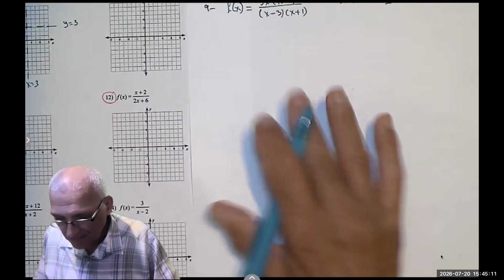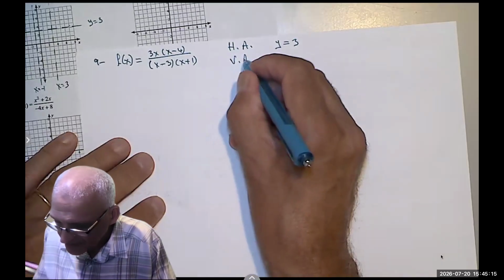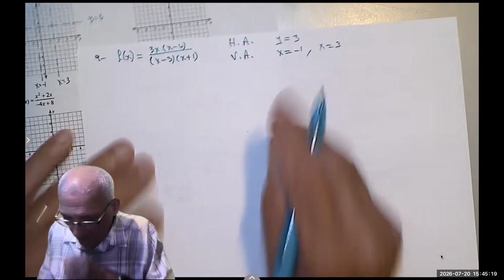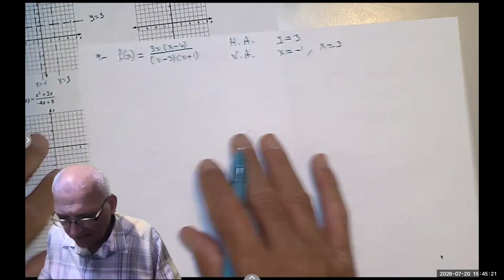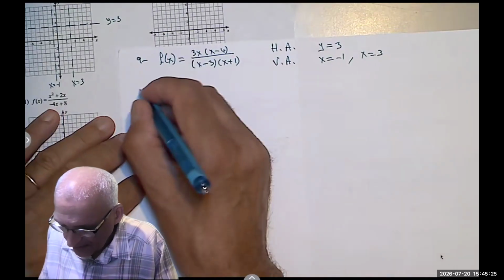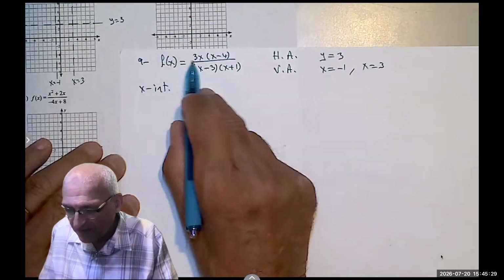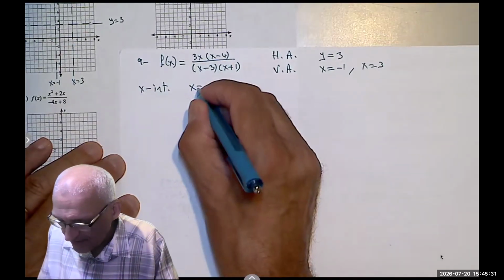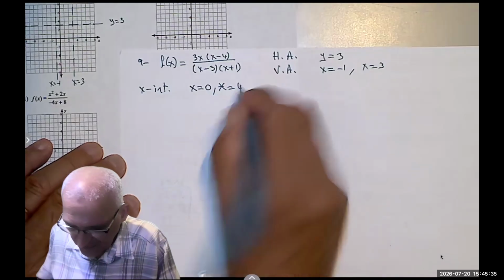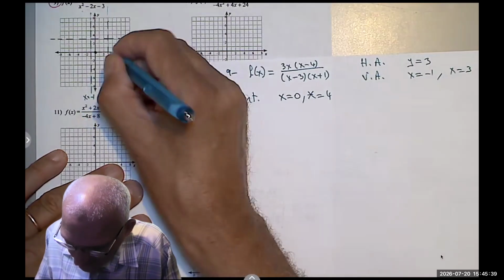Now, what else after? So vertical asymptotes, x equals negative 1, x equals 3. Find the x and y intercepts. X-intercept when this equals 0, meaning when the numerator equals 0. So either x equals 0 or x equals 4. So it passes through the origin and x equals 4.